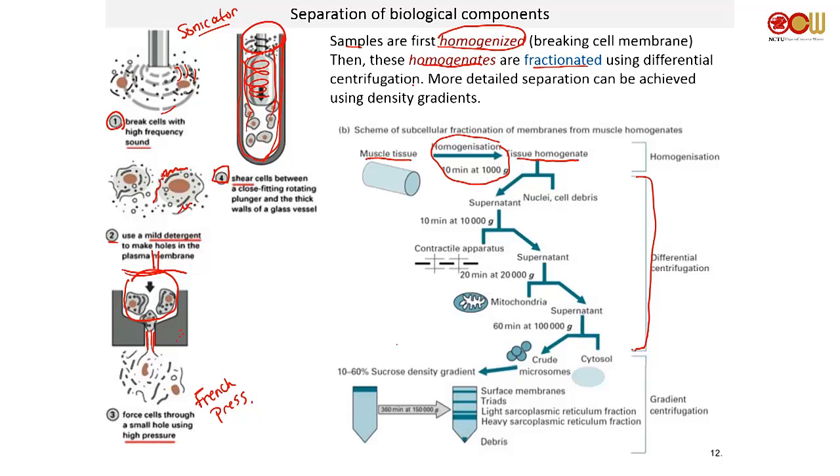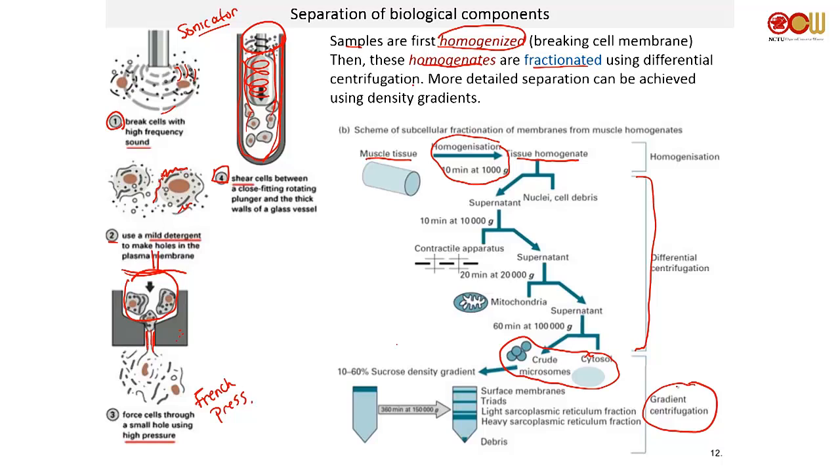Once you get the cytosolic stuff, things that you don't really separate using differential centrifugation anymore, because you spin it as fast as you could, now you can use gradient centrifugation, so you can separate based on their density.